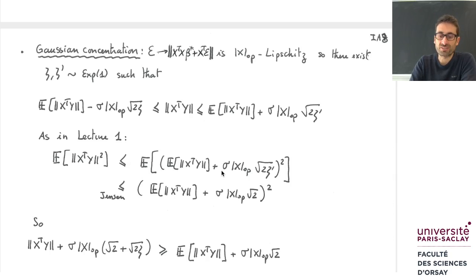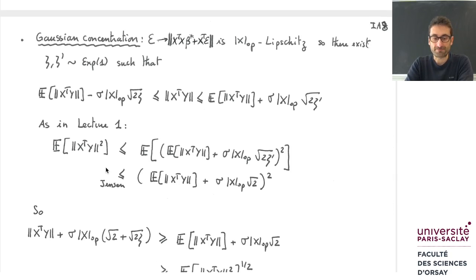So if you apply Jensen inequality, you can move the expectation inside the square root, and since the expectation of xi prime is equal to 1, we end up with this upper bound for the square norm of x transpose y to the square. So this is exactly as we have done during the first lecture. This gives us a lower bound on the expectation of the norm of x transpose y in terms of the expectation of the norm to the square, right?